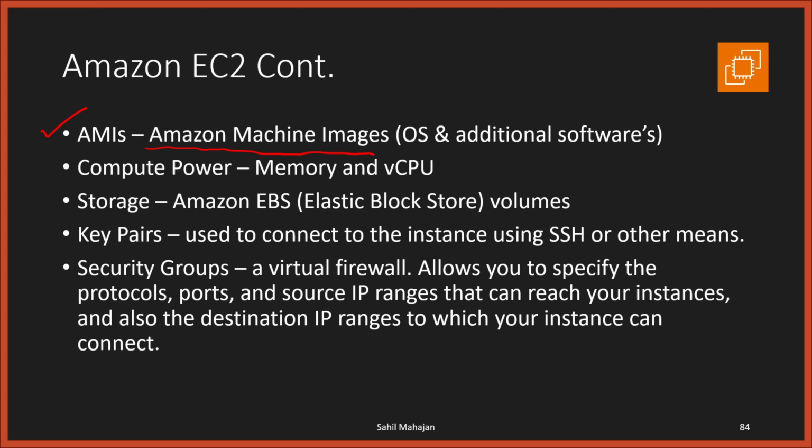So AMIs are basically images of operating systems and sometimes additional software that come with the operating system, ready for your use. You can say, okay, I need a Linux operating system. AWS has a list of images that you can just pick up and install directly onto your virtual machine. Or you say, no, I want Ubuntu. You have Ubuntu. You want Windows?